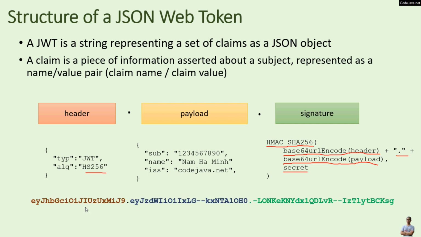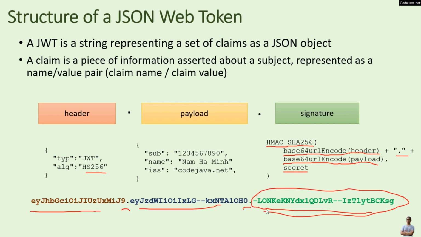You see, a JSON Web Token is just a string having three parts: header, payload, and signature, separated by dots. And note that the signature ensures that the token has not been tampered with.